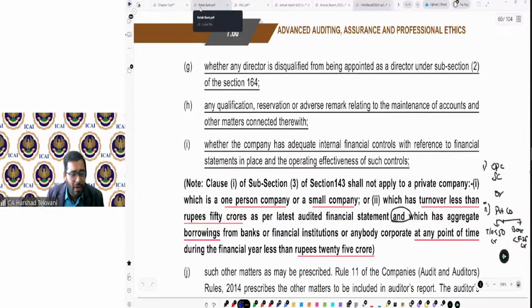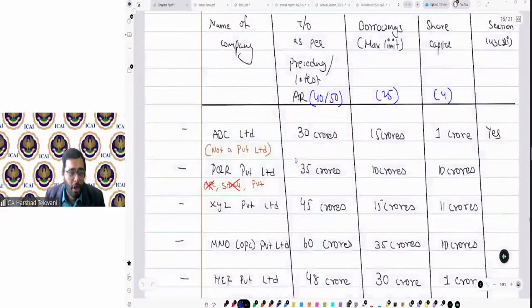If that is the scenario, then the exemption will be available. So this is a private limited company. Turnover less than 50? Yes, 35 is less than 50. Borrowings less than 25? Yes. So I will get the private limited company exemption and it will not be applicable to me. Okay.